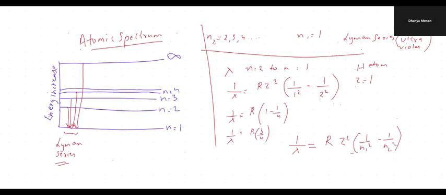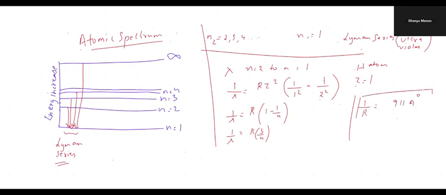Okay, students, because I have the formula over here, I'm just rubbing this off. Now, students, please remember one more information. 1 by R has a value of 911 Armstrong. Okay, please remember, this will be easier. So I have here lambda equal to 1 by R times 4 by 3.